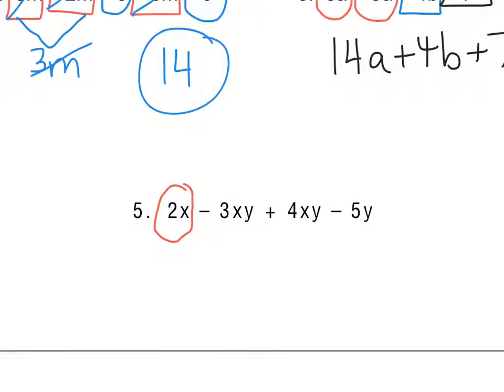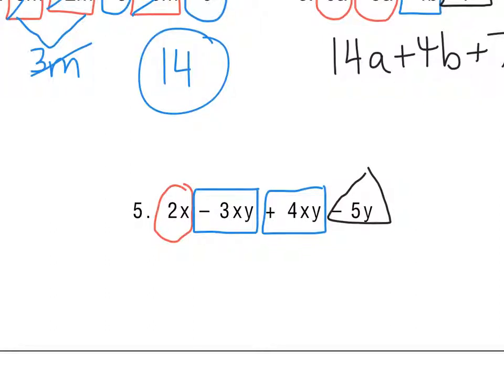Then we've got a negative 3xy and a positive 4xy. xy, they're exactly the same in both of them, so they are like terms. Even though there's a negative coefficient and a positive coefficient, it doesn't matter. We're looking at the variables. And then we also have, all by itself, a negative 5y.